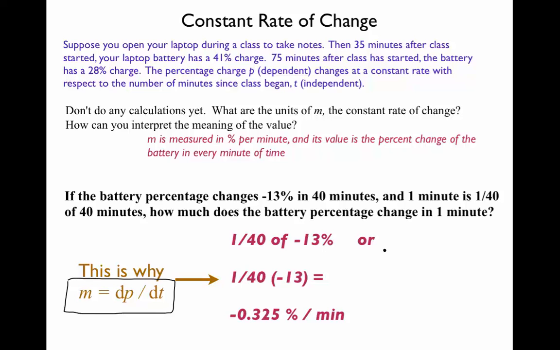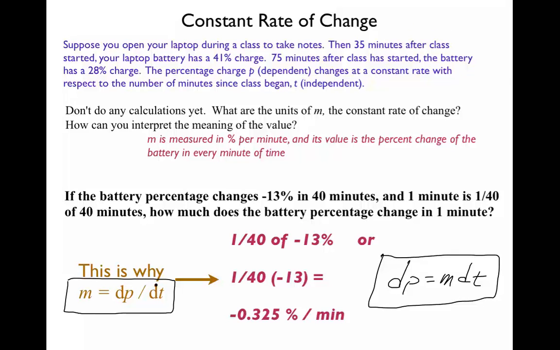So up to this point, we were talking all about what? dP equals M dt, which is crucial. But now this little example was explaining how that constant rate of change is the change in percentage divided by the change in time. Okay, so this is like two different faces of constant rate of change. Two different faces of constant rate of change. Any questions?